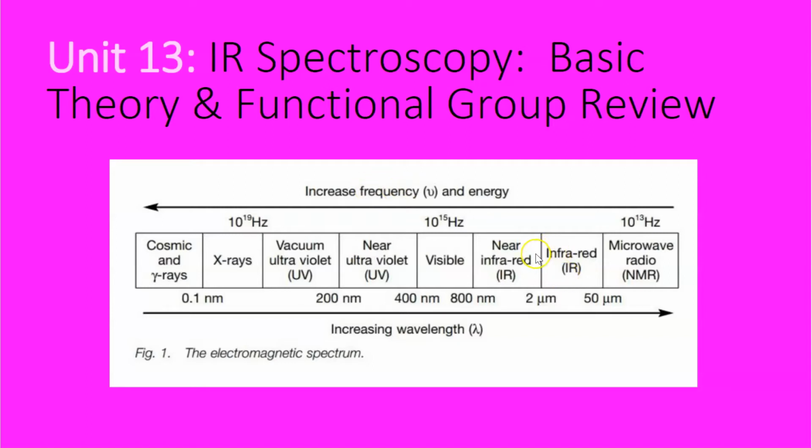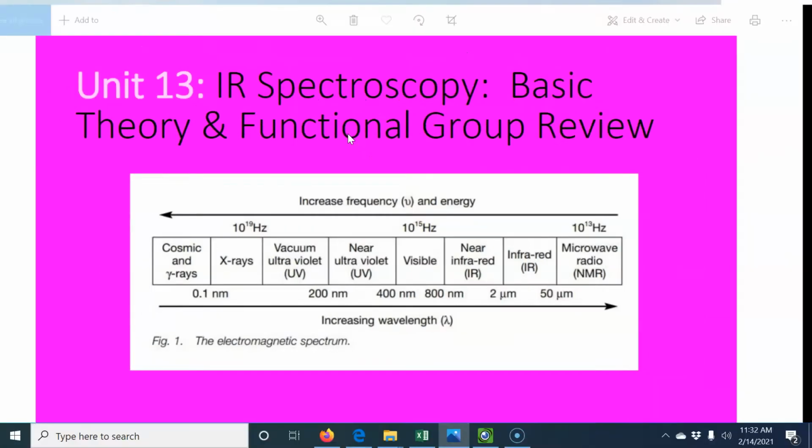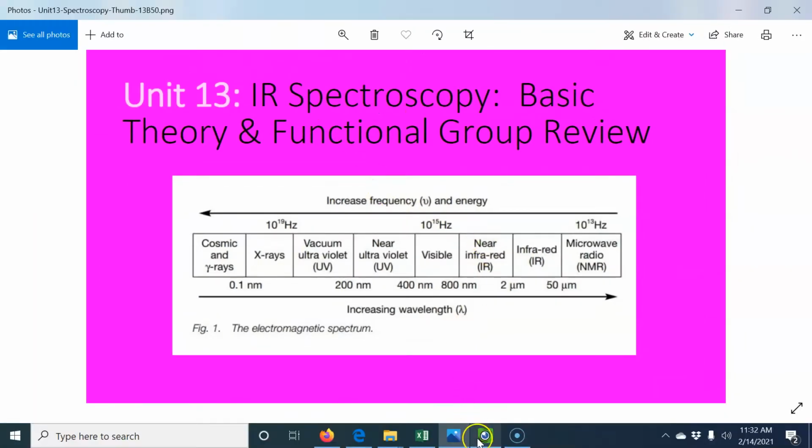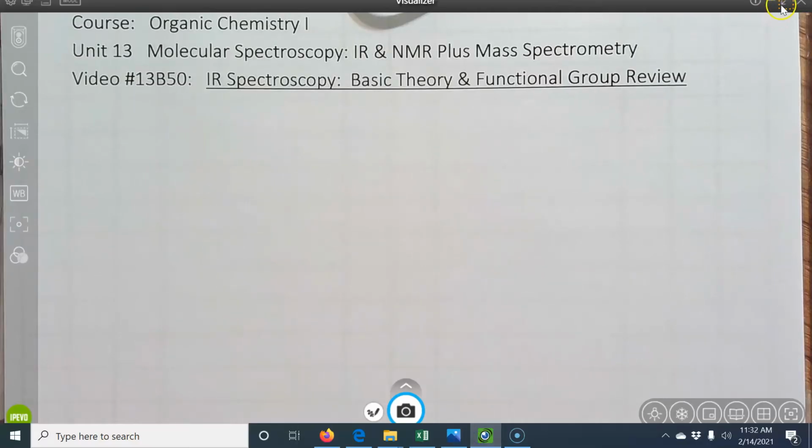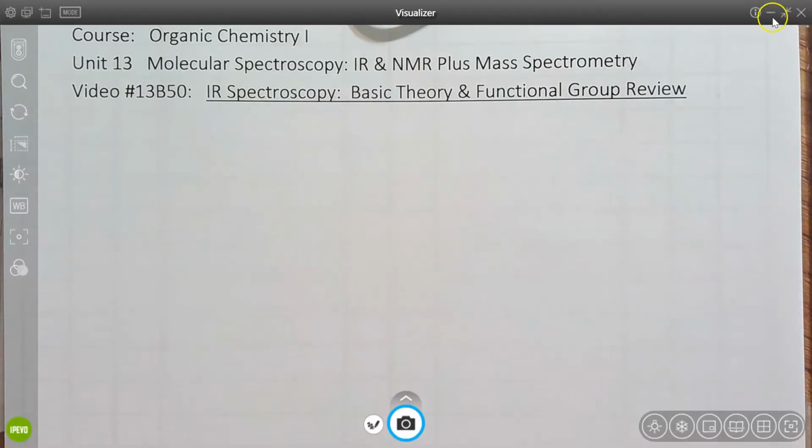Now, other spectroscopies exist, such as UV spectroscopy and nuclear magnetic resonance spectroscopy, that you'll probably learn later. Those are based on the absorption of light at these other different frequencies. But I want to focus on IR, and the first thing I want to do is to define a spectroscopy.